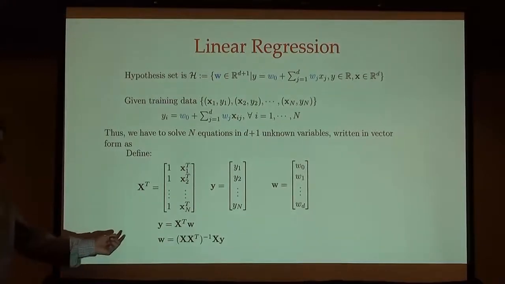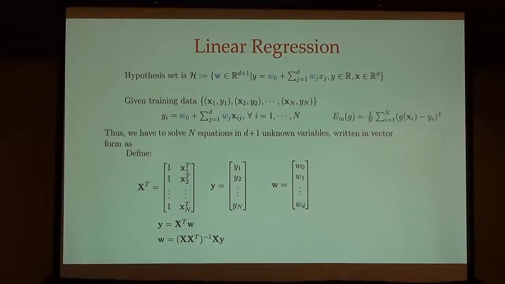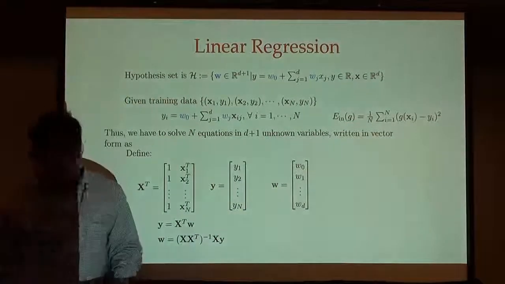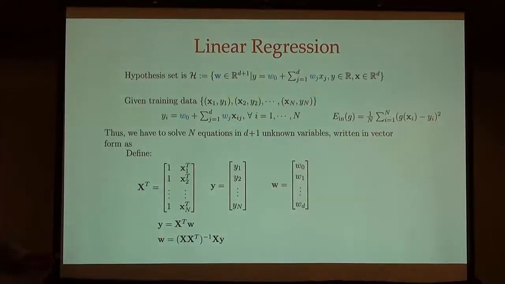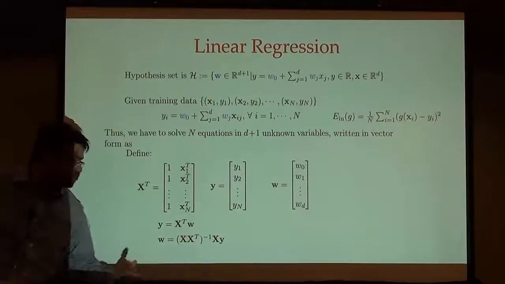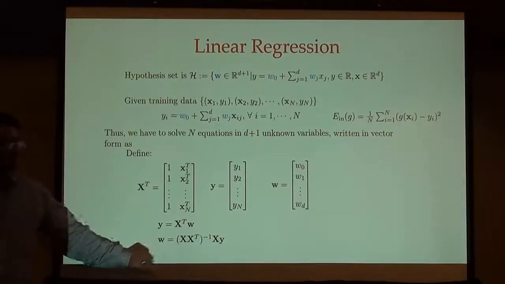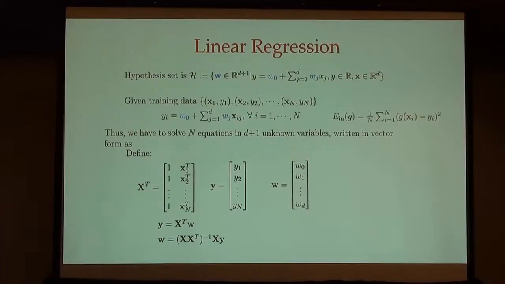And if your objective is the mean square loss, then we all know that it has a closed form solution of this form. So that in essence is linear regression. But one point that I want to mention, and experts certainly know it, but it's a problem with beginners, is that linear regression means linear in the weights.